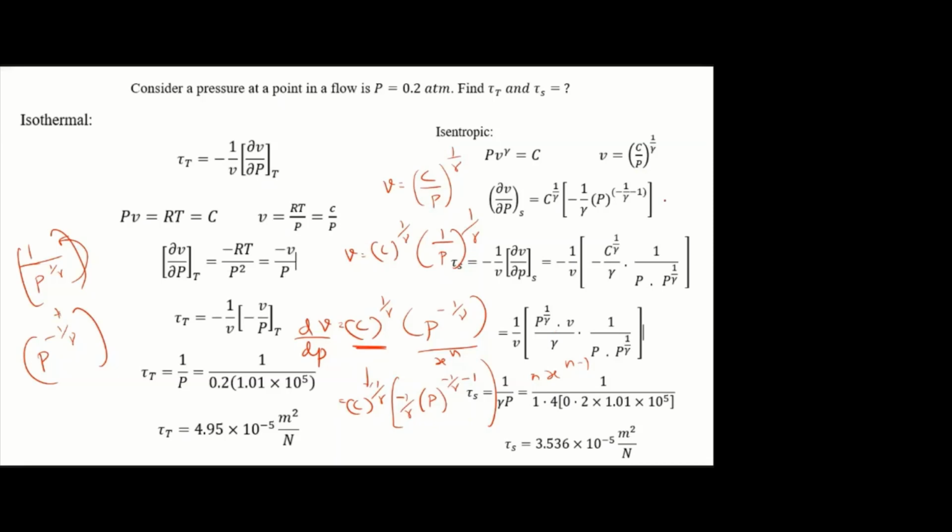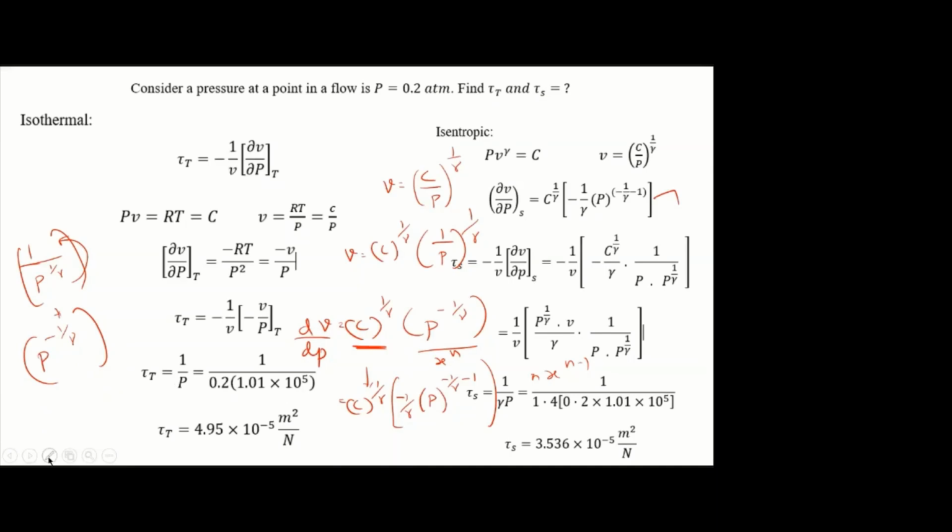This is what I have written here. Normal differentiation. Shall I clear this? These steps? Yes, sir.